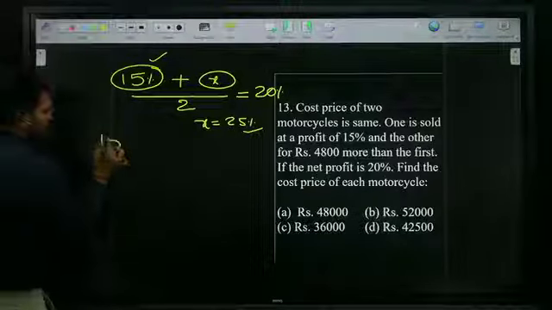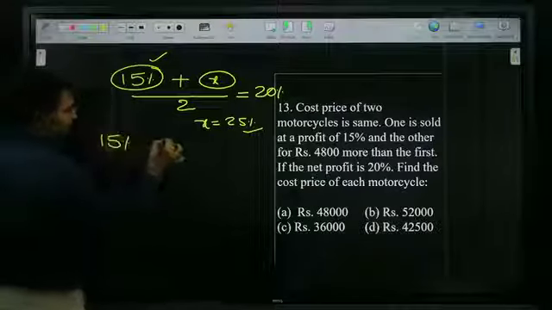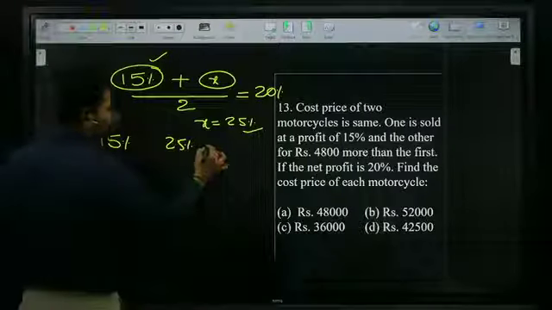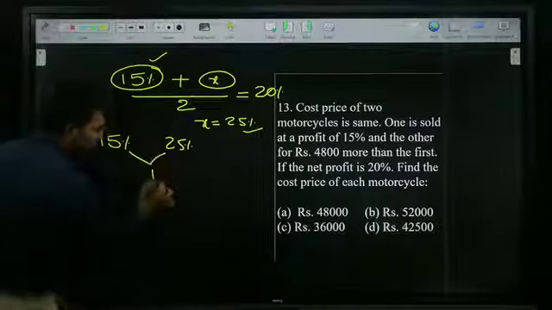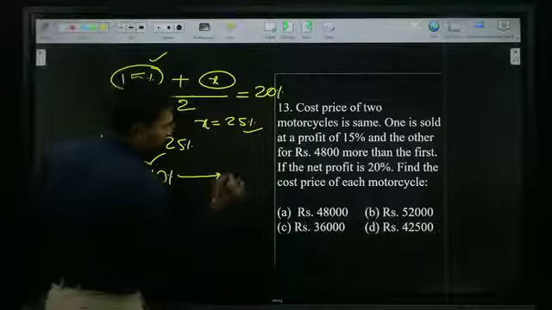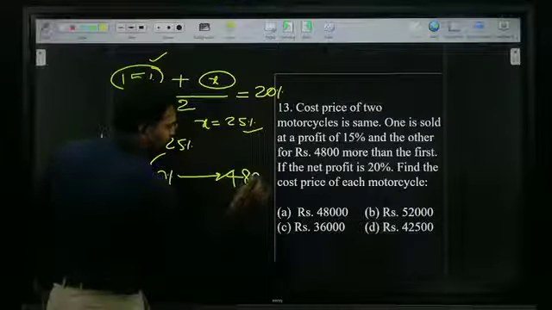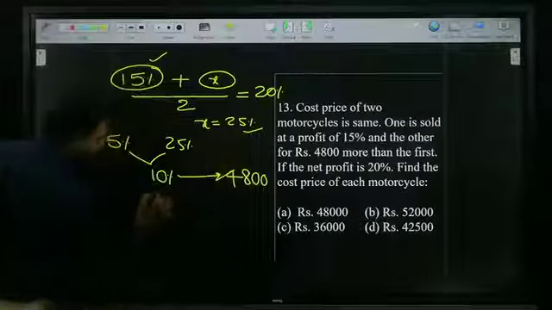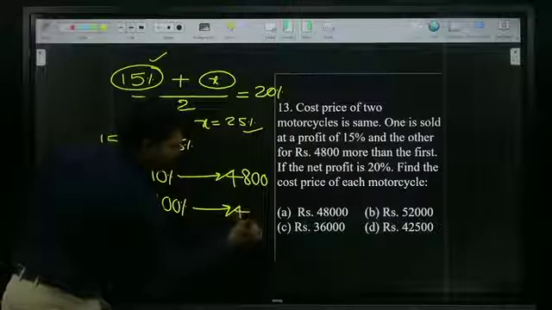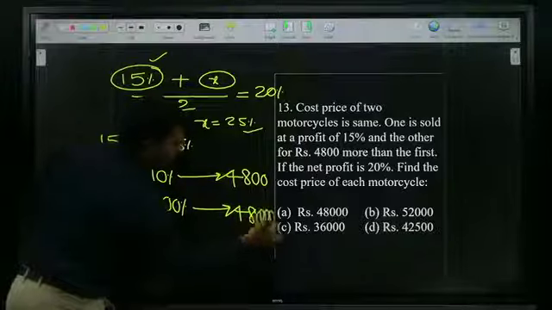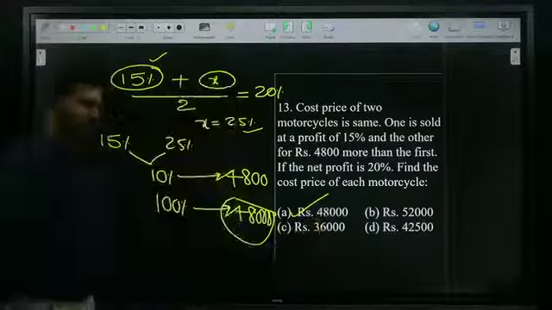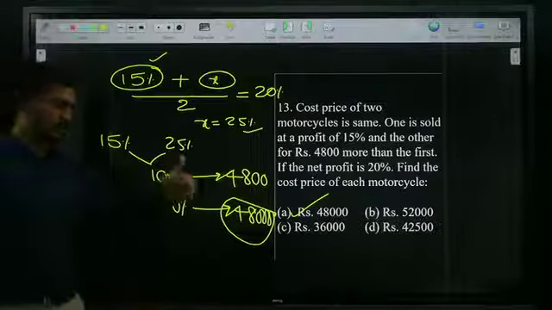So the difference between 15% and 25%, that difference is what, Amma? 10%. 10% is nothing but 4,800. Then 100% is how much? 48,000. So your answer is what, Amma? 48,000. Option A is the right answer. All of you clear, Andy?